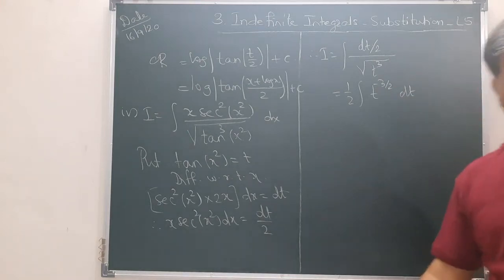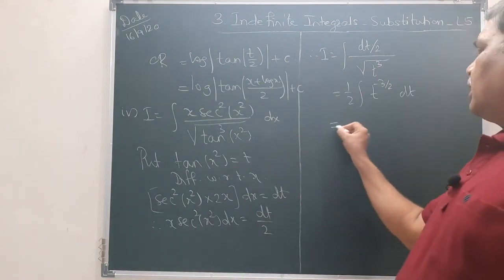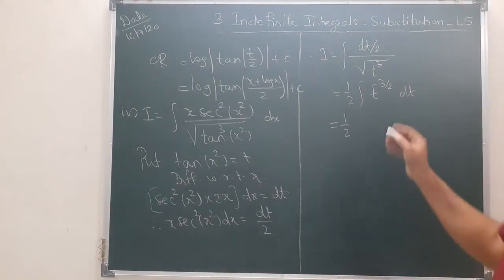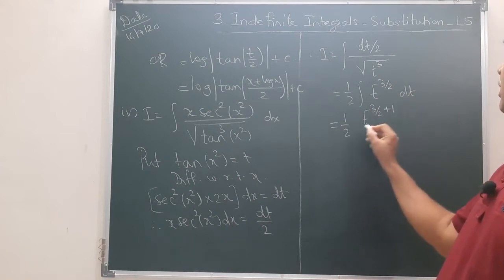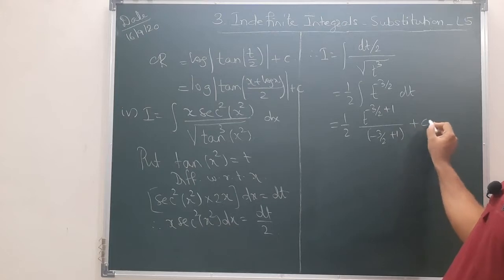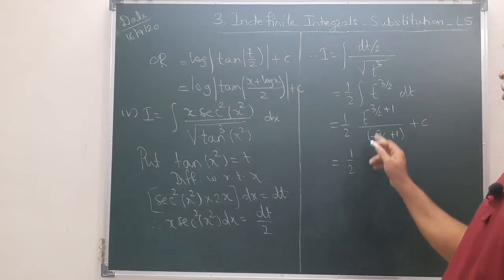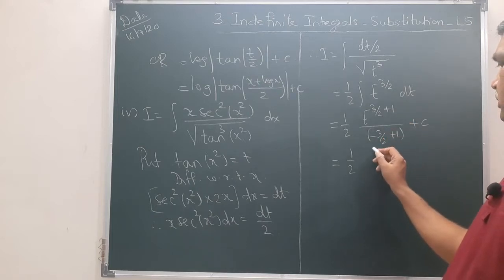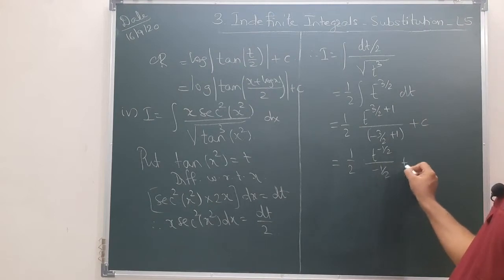Taking it in the numerator, we will get this. And then the integral of x raised to n is x raised to n plus 1 upon n plus 1. We'll get t raised to minus 3 by 2 plus 1 upon minus 3 by 2 plus 1, plus c, which is nothing but half times, minus 3 by 2 plus 1 is minus half, t raised to minus half upon minus half plus c.